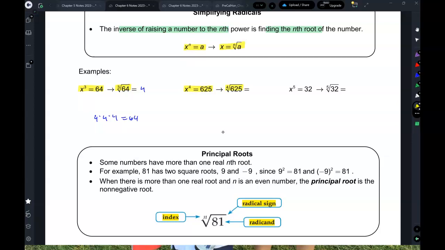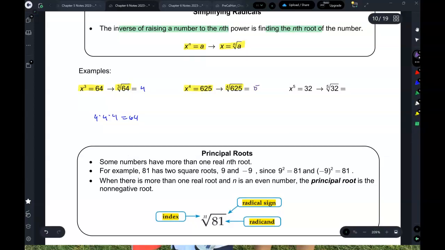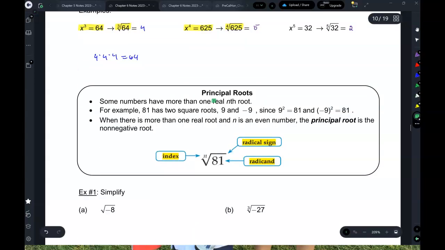Different ways of saying the same thing. What is that number? 5. And then here, x to the power of 5 is 32, same as saying the 5th root of 32, which is how much? 2.